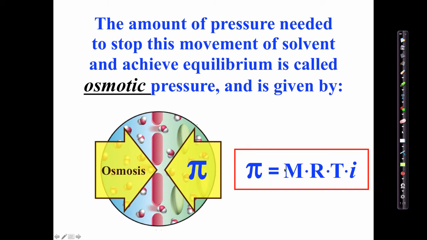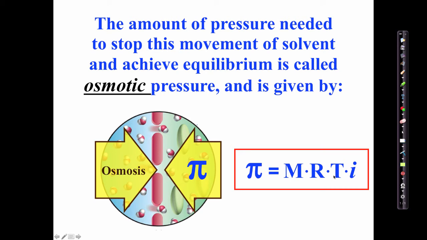And then pi is equal to MRTi, where M is molarity of the solute in the solution on the side over here. R is the gas constant. We'll typically use it in liter atmospheres per mole Kelvin, but you'll have to use whatever units are appropriate depending on what's given in the problem.